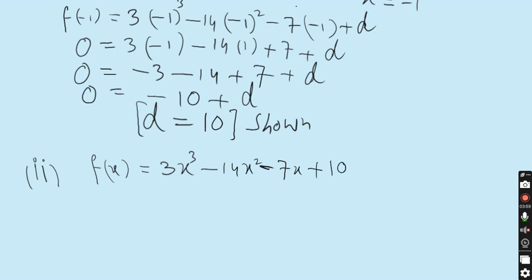Now we know x plus 1 is a factor of this polynomial.